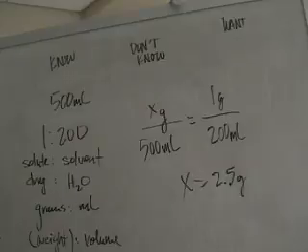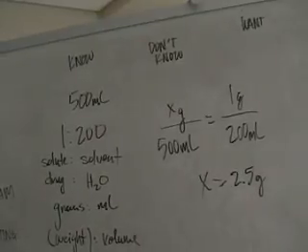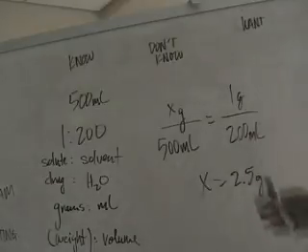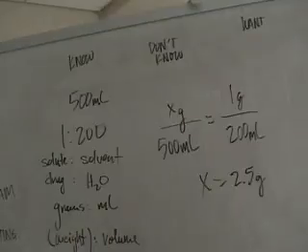In a 1:200, the solute is what? 1. What's the solute? Your drug. How do you measure the drug? Usually in grams, which is a weight. Now, what's 200? The solvent.